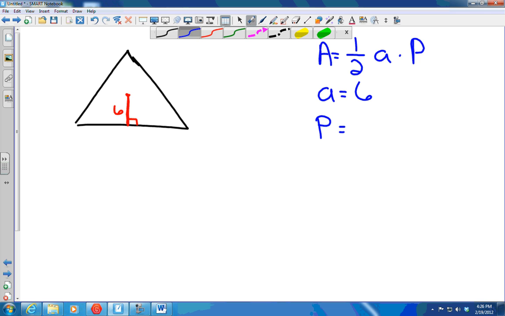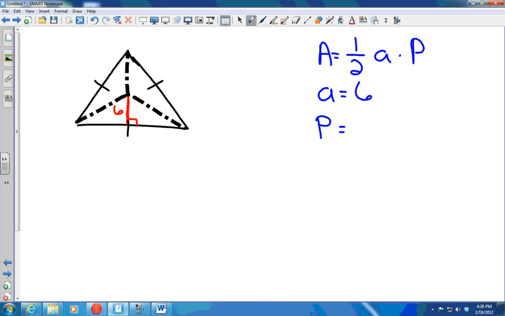Now we know this is an equilateral triangle, so once we find one side, we'll know each of the sides. And how are we going to find this? If I draw segments from the center of my figure to each one of the vertices, I would create 3 triangles.